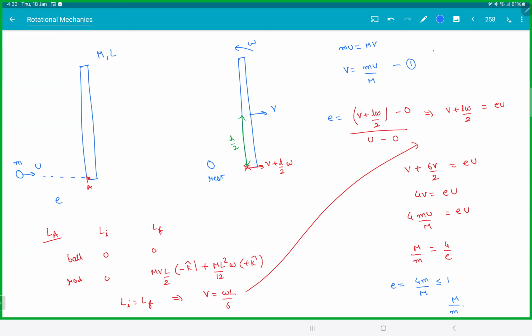So for this condition, M by m should always be greater than or equal to 4. So this scenario will happen, that the ball will stop, if M by m is greater than or equal to 4. If this ratio is less than 4, do anything you want, the ball will never stop. Got the steps? Check it out.